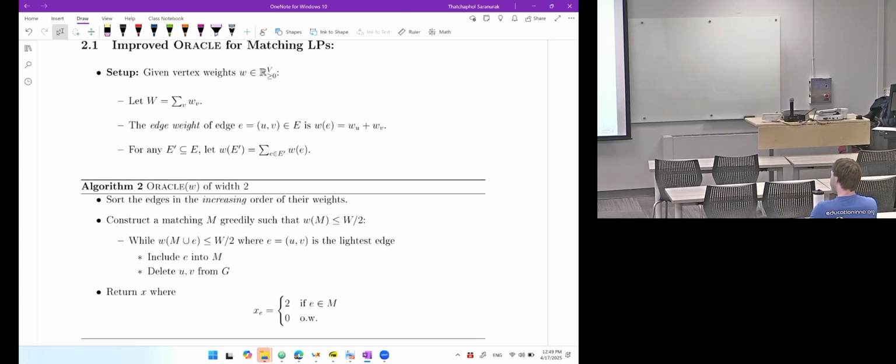I'm just going to say that initially my matching is empty, and then I pick the edge that is the lightest one, the first guy in this ordering, and try to add this edge into the matching. If the weight is still less than W/2, then I include it, and I remove the endpoints u and v from the graph.